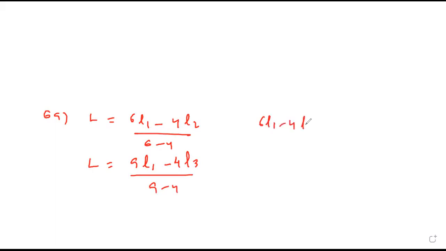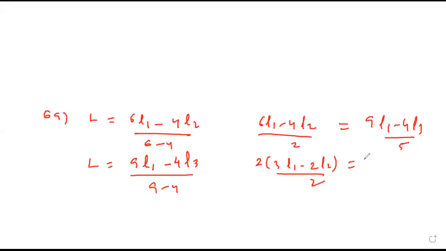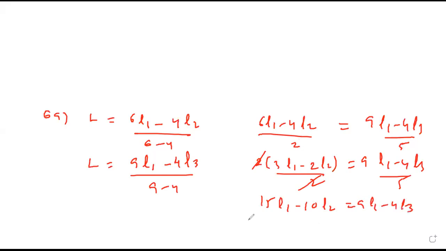Six L1 minus 4L2 upon 2 equals 9L1 minus 4L3 upon 5. This I can cancel. Taking 2 common, 3L1 minus 2L2 upon 2 equals 9L1 minus 4L3 upon 5. 2 to cancel. 15 times L1 minus 10 times L2 is 9L1 minus 4L3.